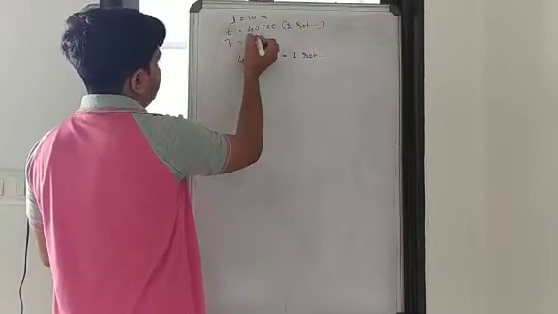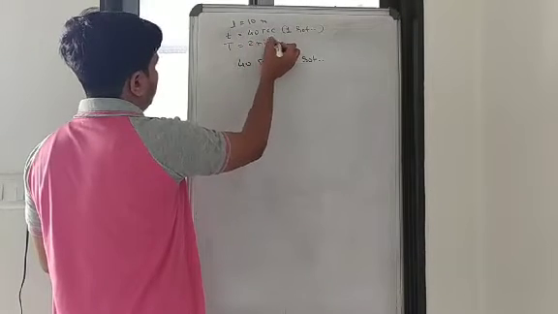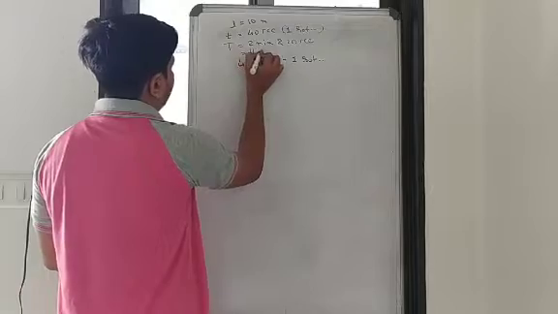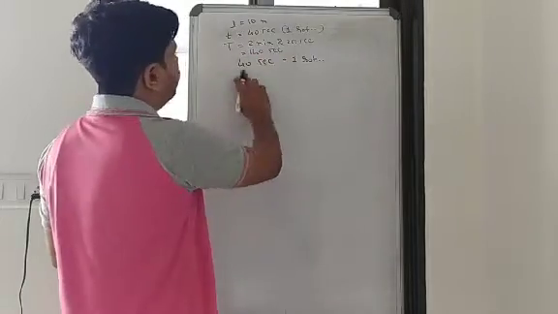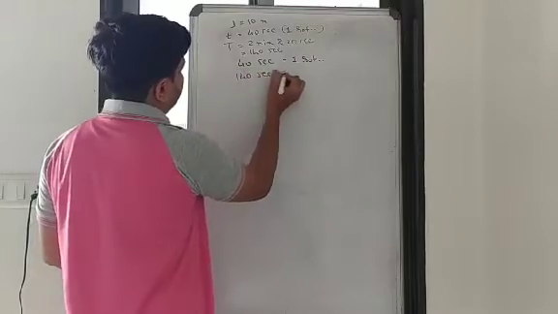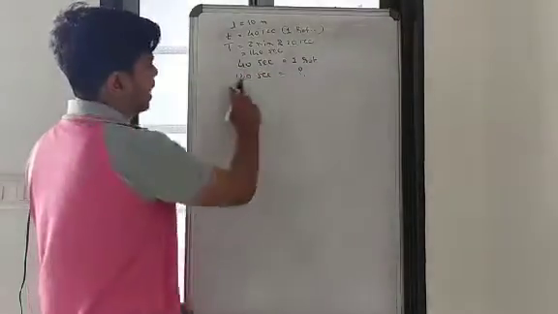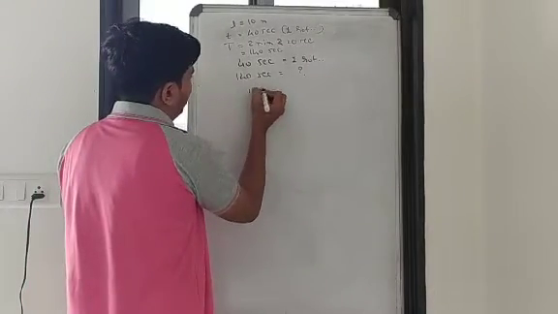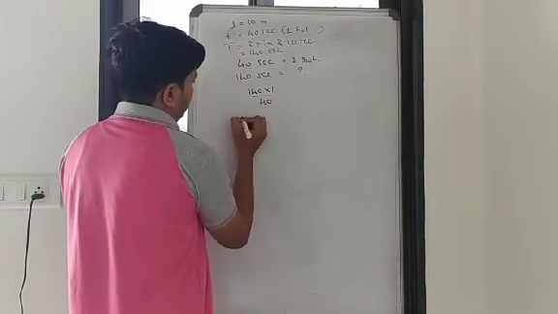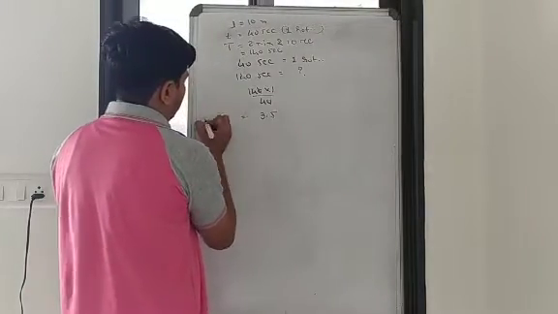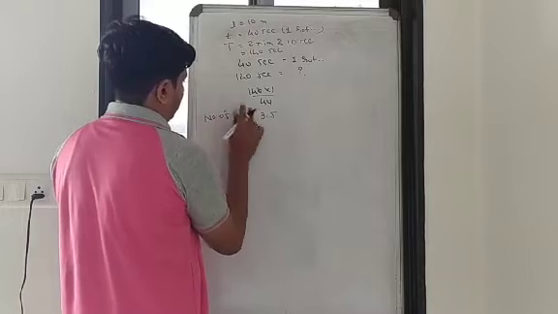The total time is 2 minutes and 20 seconds, which means 140 seconds. For 40 seconds, one rotation. Then for 140 seconds, what is the rotation? Here you can easily calculate like that: 140 into 1 divided by 40. 0, 0 cancel out. So you get 3.5, which is the number of rotations.